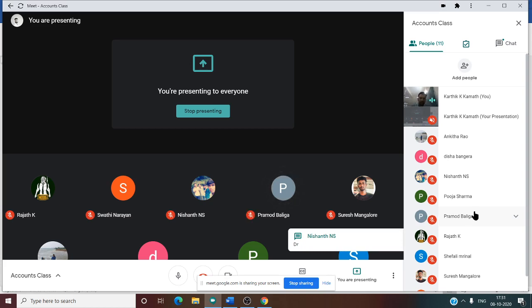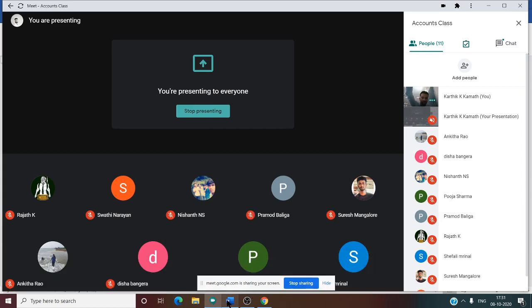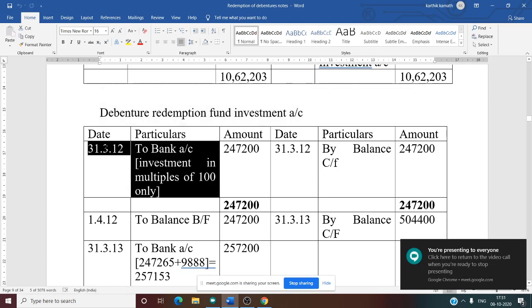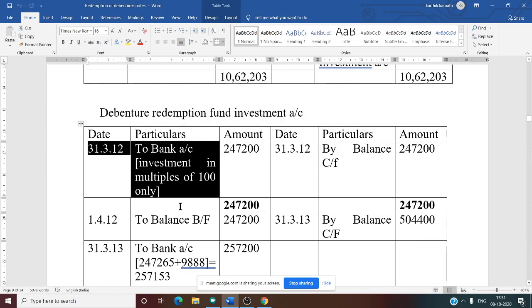Debit, yes, correct. Nishant is saying debit. Why debit? Because we are going to write investment on the asset side, isn't it? So that is why it has a debit balance. That is why we need to start from the debit side.